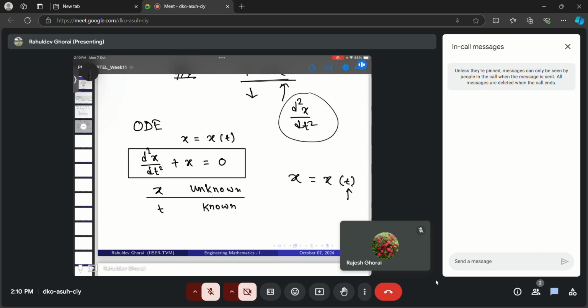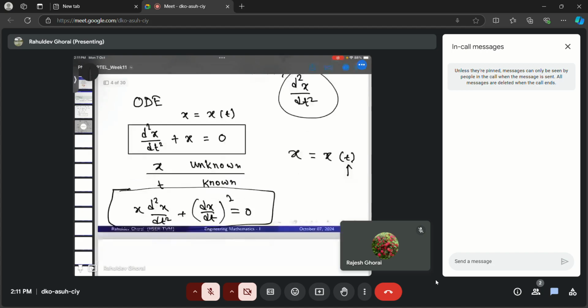The relation can be like this, or it can be x times d2x/dt2 plus dx/dt equal to 0, or it can be (dx/dt) whole square equal to 0. This is also a differential equation. That's all.